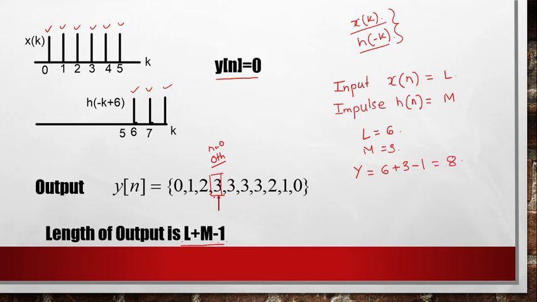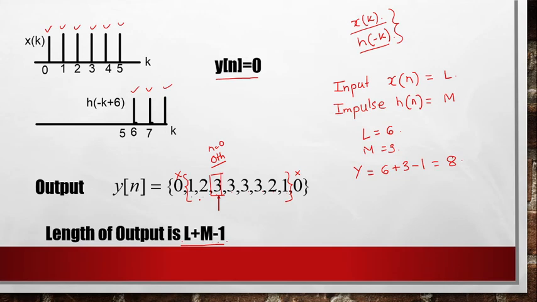So how do we calculate the 8? This is the 0th value, right? So this 0 you can omit. So get 1, 2, 3, 4, 5, 6, 7, 8. So this will be your output. Understand?